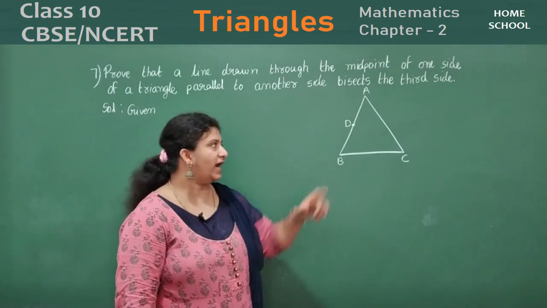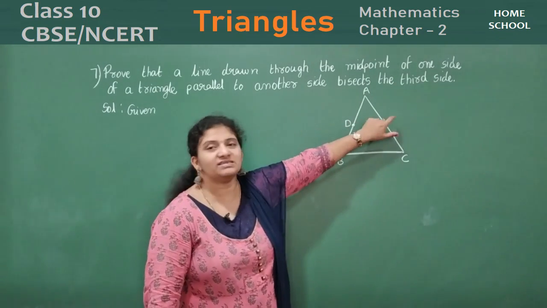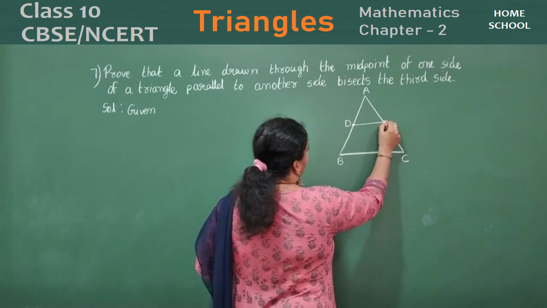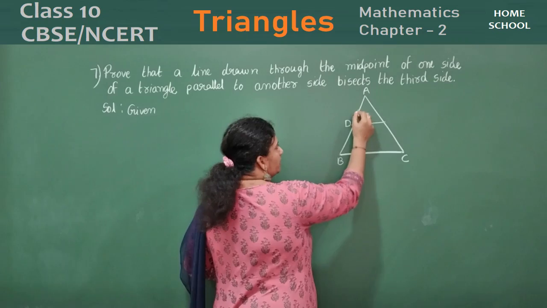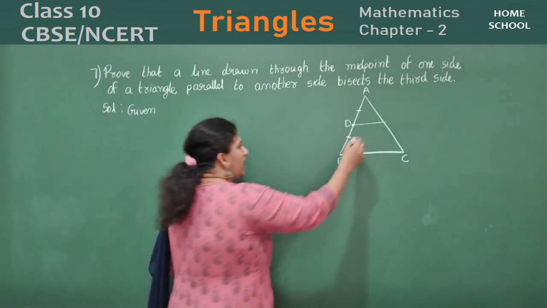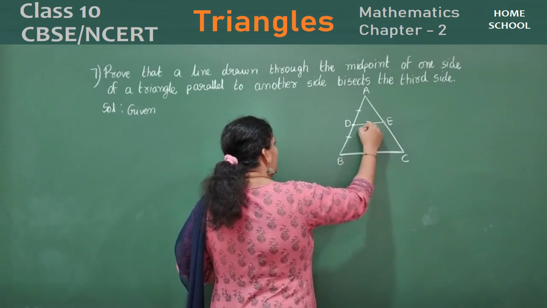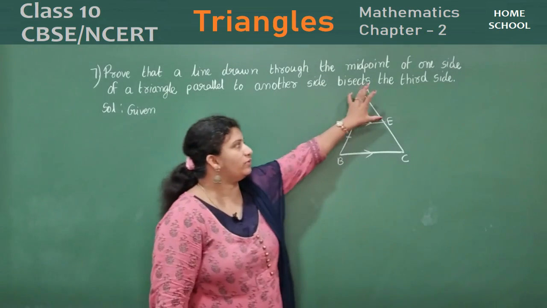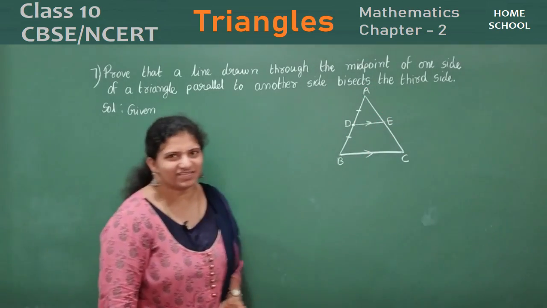You need to prove that this line is bisecting the third side. So let me draw a line here. Here it is a midpoint, children, means AD is equal to DB given. And DE is parallel to BC given. You need to prove that AE is equal to EC.